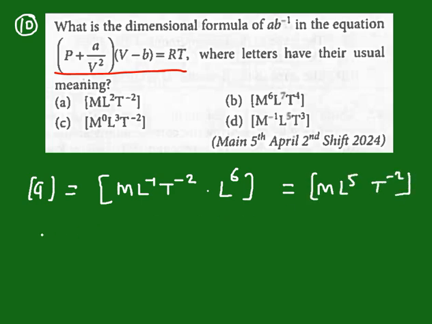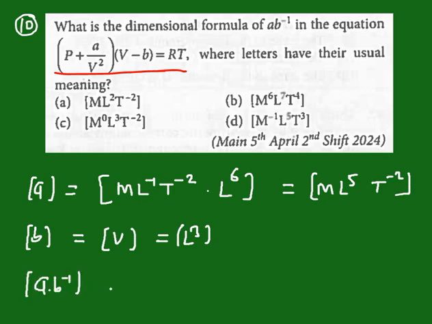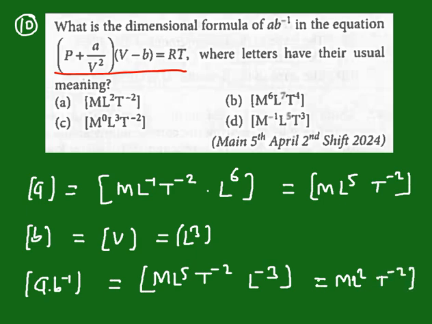Now the dimension of B: since V and B are in subtraction, the dimension of B is equal to L^3. We have to multiply these two, and take the inverse of B. So writing ML^5T^-2 L^-3, the dimension here is ML^2T^-2.